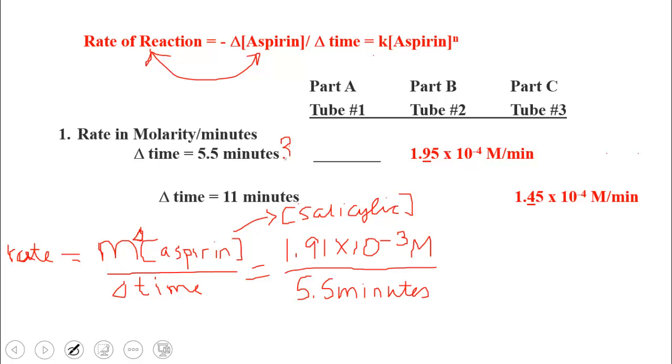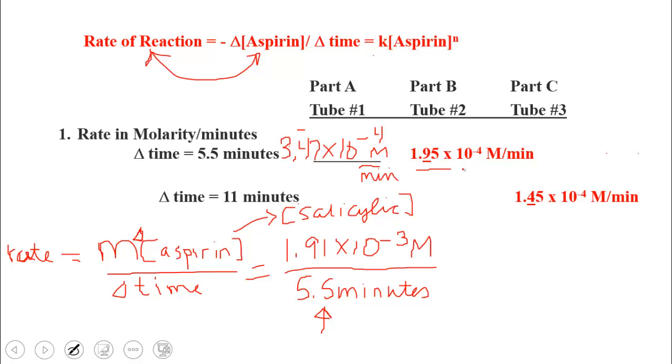What I get here is 3.47, and that's got 2 significant digits because of my time. But of course, if you have a more accurate stopwatch, you might have this to 2 numbers beyond the decimal place, and then you would have more significant digits than I do. But 3.47 times 10 to the minus 4, and the units on that are molarity per minute.